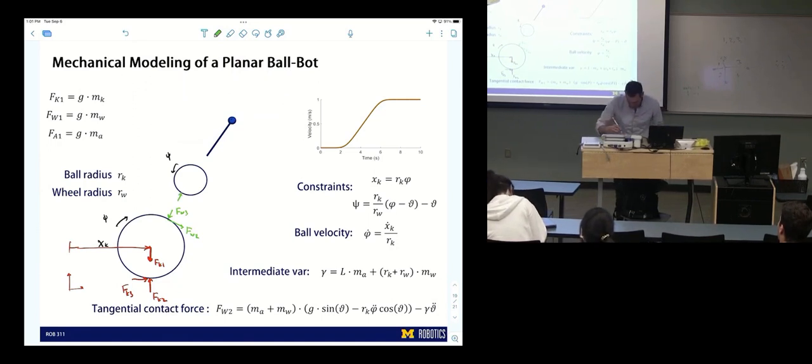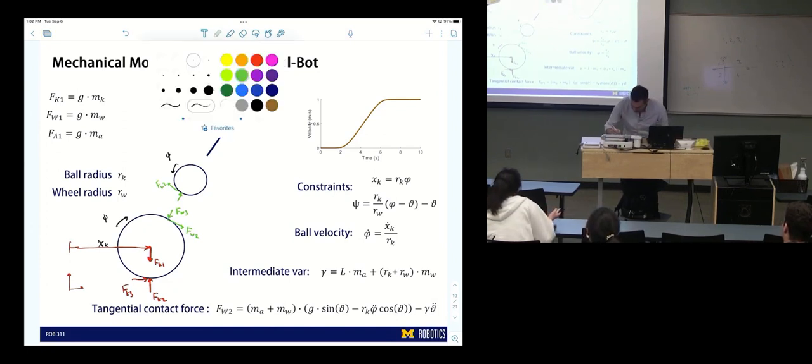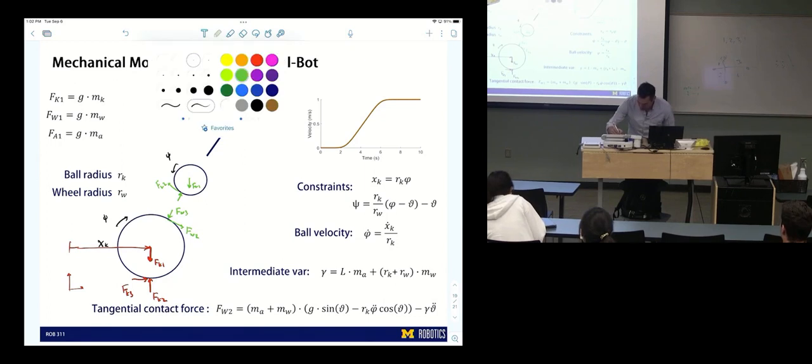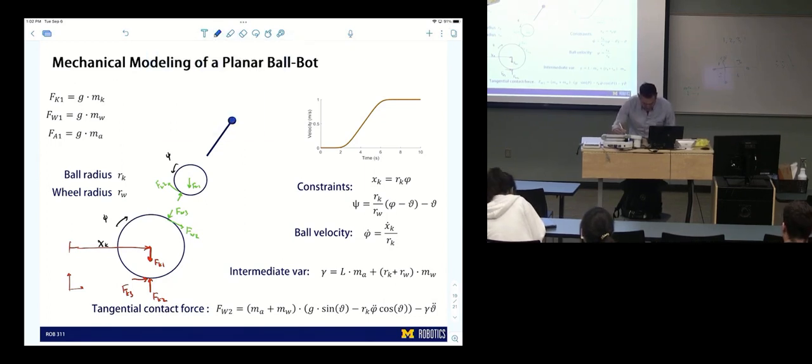We have FW3, FW2, so mass is FW1. Then we have the forces applied by the chassis, FA3, FA2.